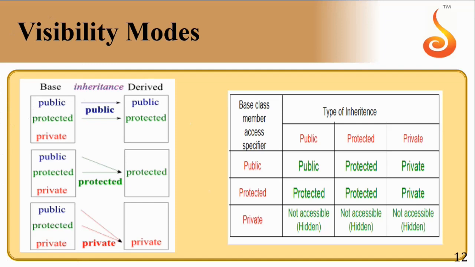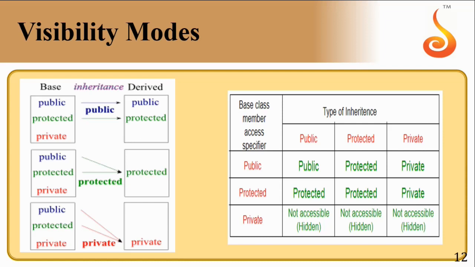You should know where it will be placed in the derived class also, right? When you are inheriting something, in which section of the derived class will it be placed? You should be very careful about that. That is why we have visibility modes.